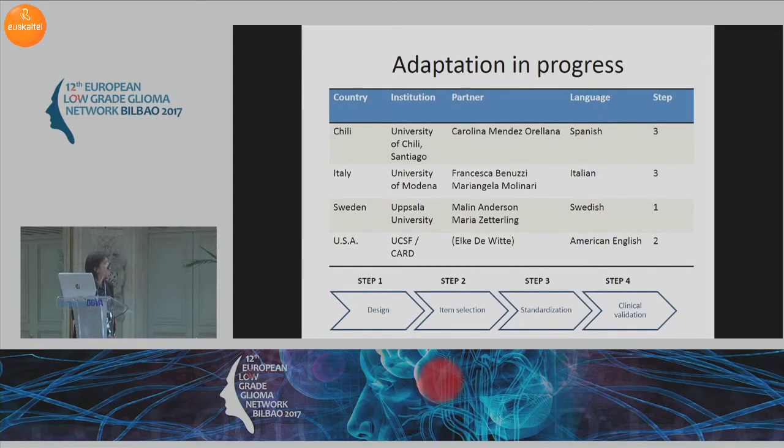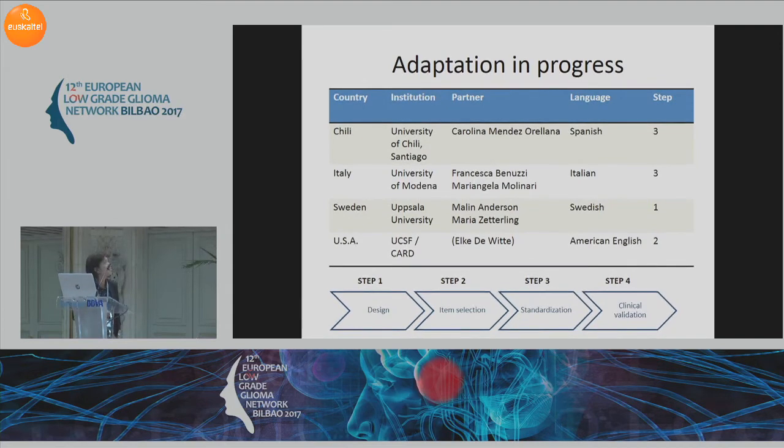We have a partner in Chile, Carolina Mendez, who actually adapted all tasks at the moment. She's in step 3, so she's now standardizing the tasks in a normal population. So the next step would be the clinical validation.